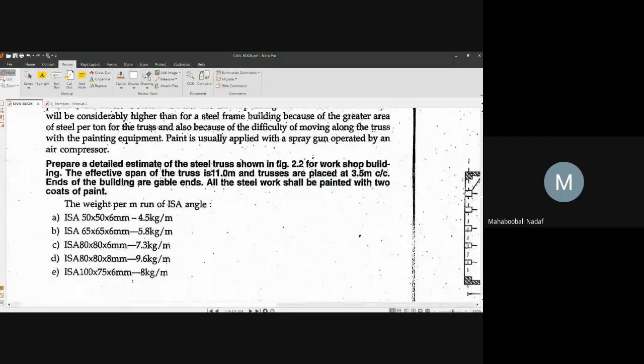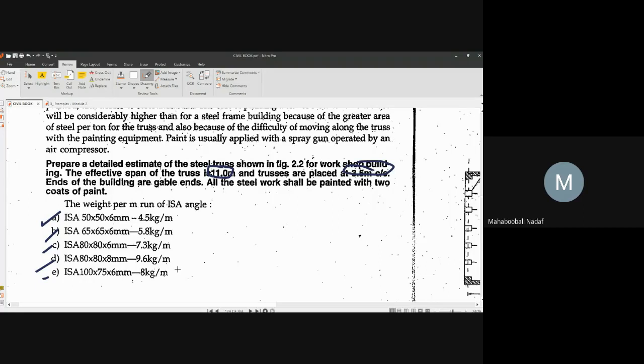The unit weights have also been given. Is that okay? No problem. Unit weights also they have directly given. Apart from that, the effective span, that is the span 11 meter, 3.5 meter is also given.